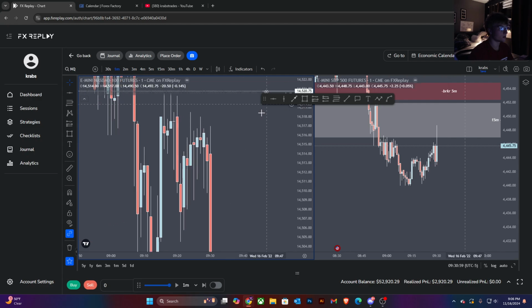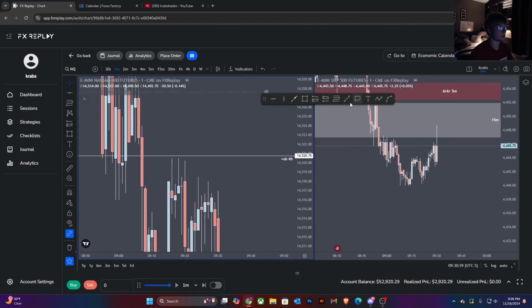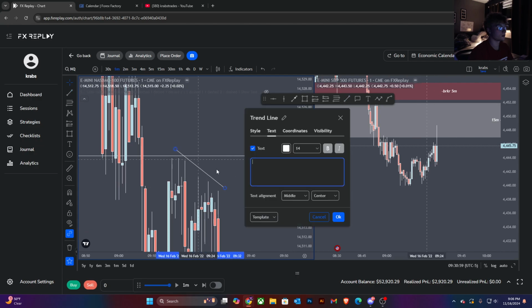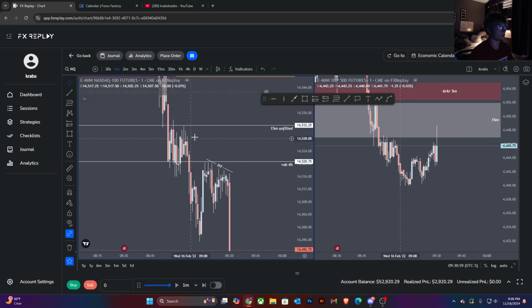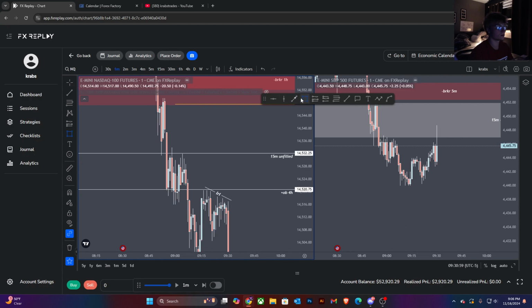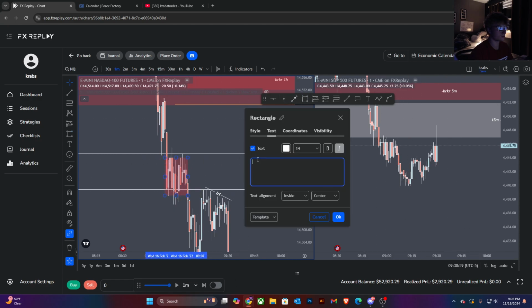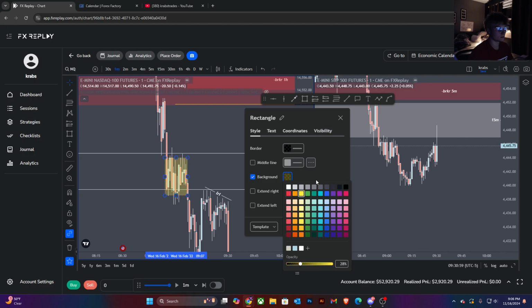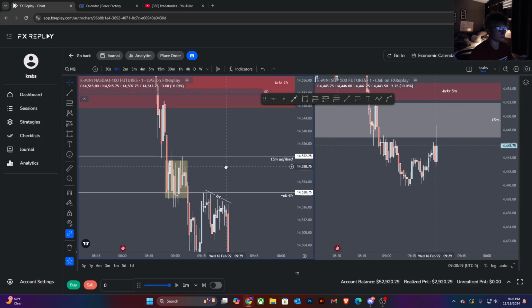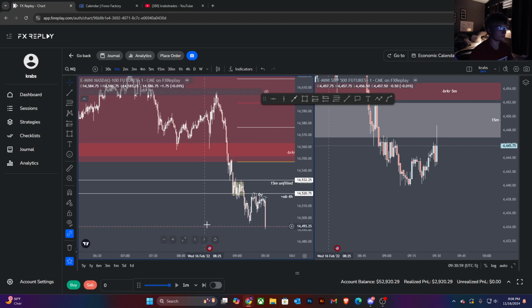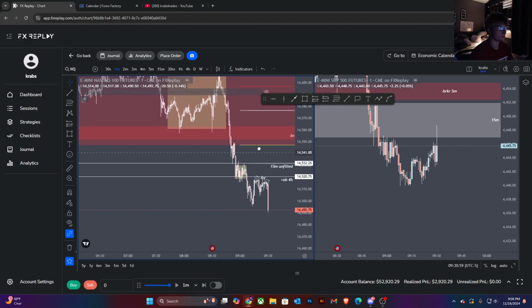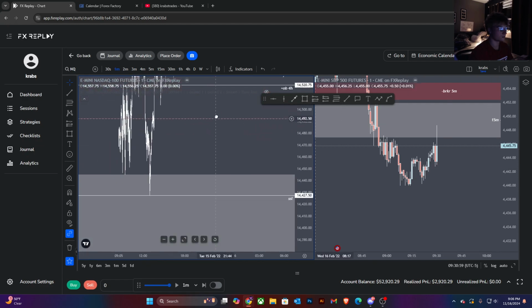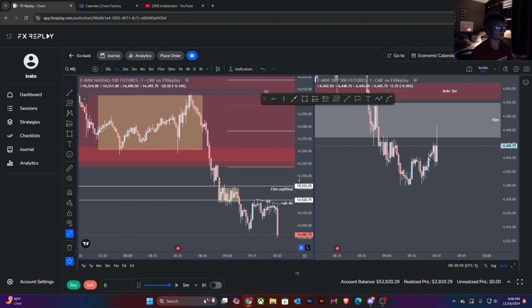Let's check for any equal highs and lows. Do have this LR here above. Kind of accumulation here as well. But yeah, bearish.